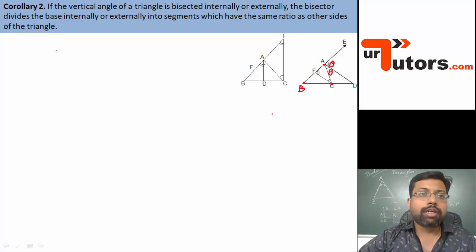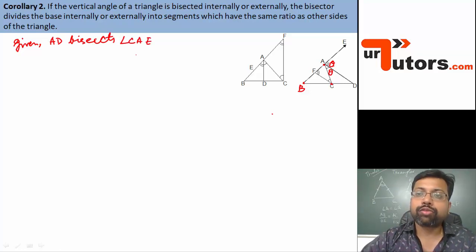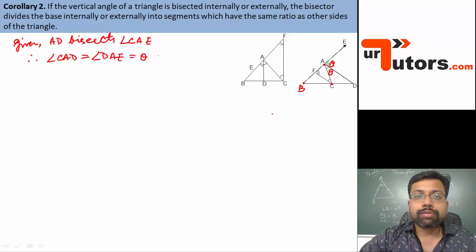All right. Now just like in the case you have given, you can say that AD bisects angle CAE. Since it's external division for angle A, you have to write the external angle A, which is angle CAE. Now AD bisects CAE, therefore angle CAD equal to angle DAE equal to theta.